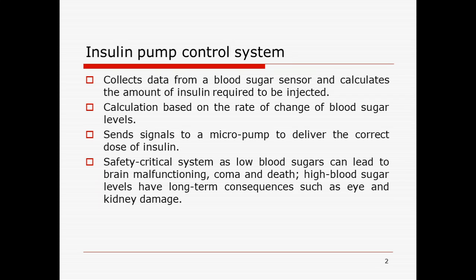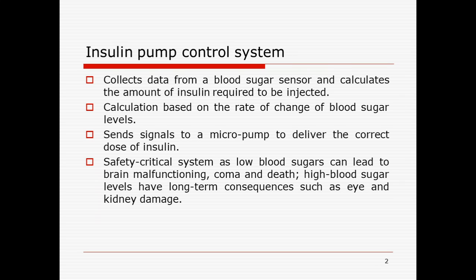But when the pancreas does not work properly and the insulin level is not proper to control the blood sugar level, the sugar level goes high, and that is called the diabetic condition. So a proper level of insulin needs to be provided, and that is what a diabetic patient does. They measure it externally and provide the insulin through injection.